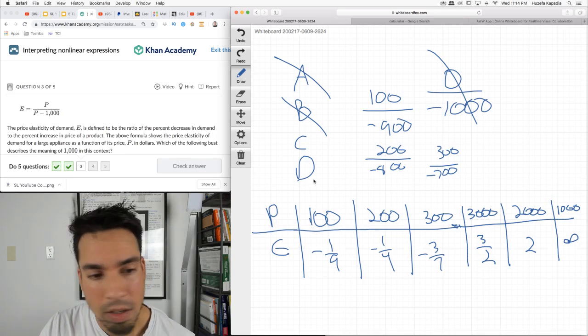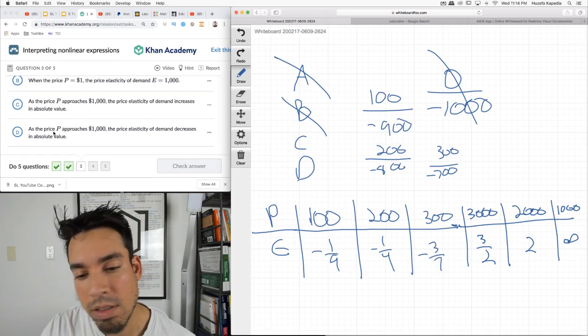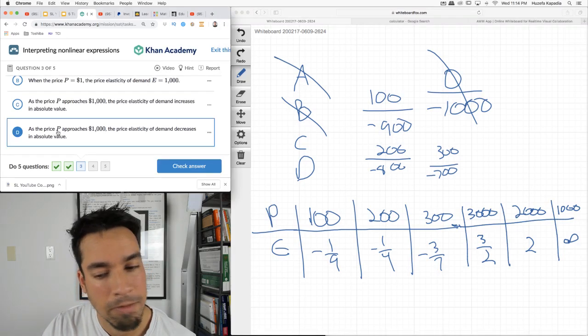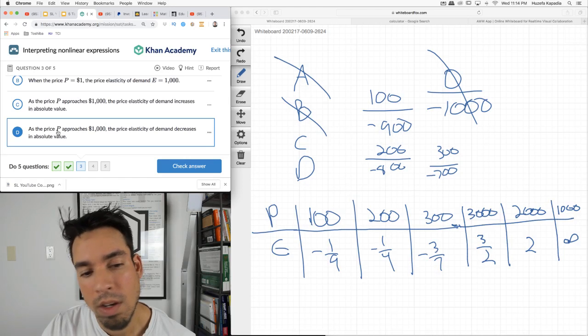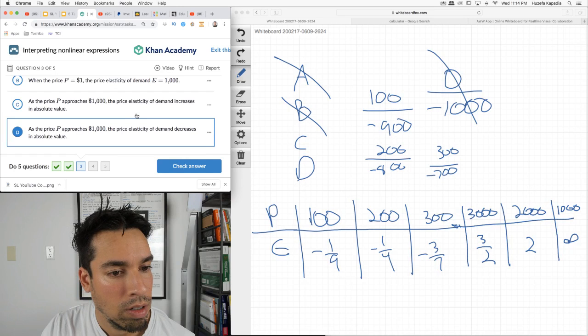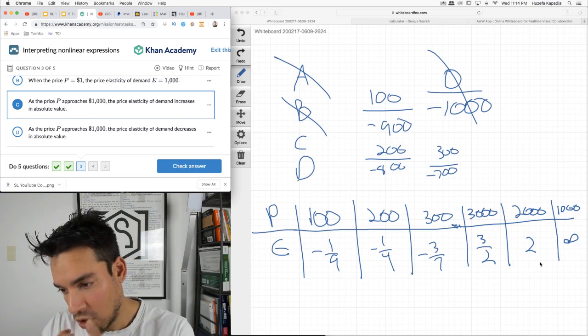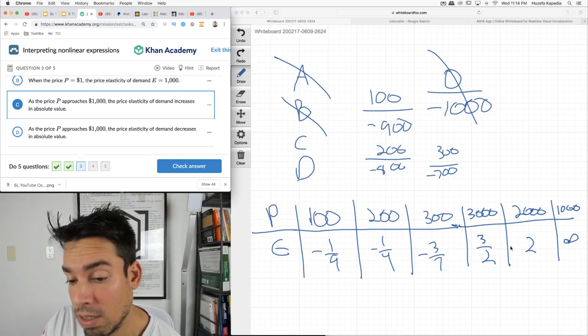Okay. Oh, in absolute value. Yes, it increases in absolute value, because this decreases, but in its negative value. So it says the price elasticity increases in absolute value. You see that? Because here it's approaching from that side and it's getting bigger positive, so that's fine.